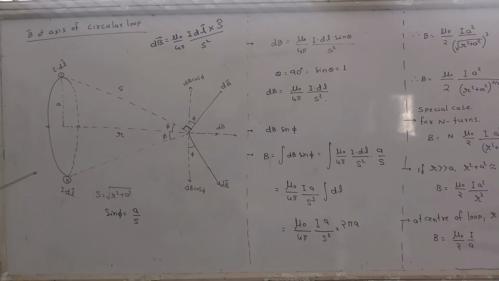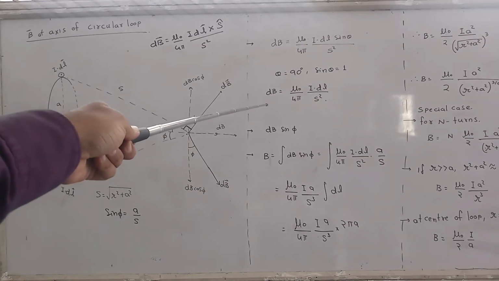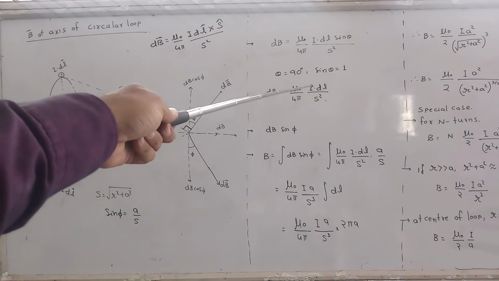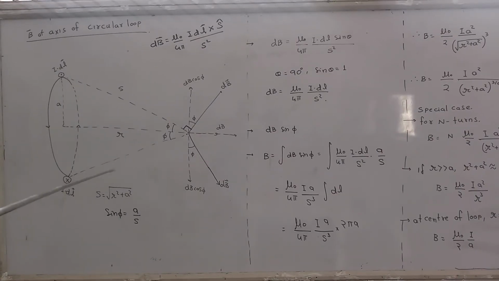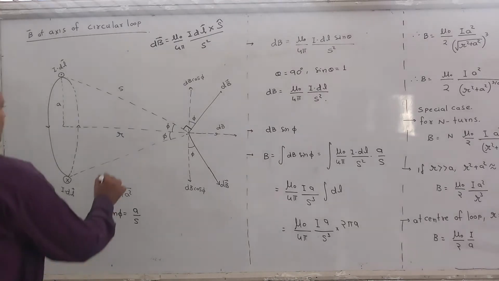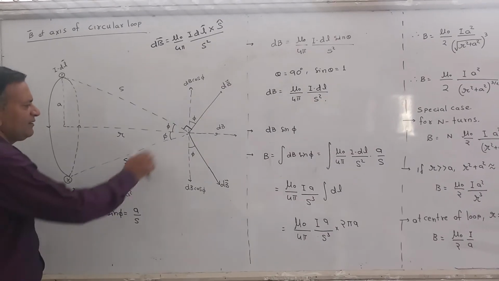Again, coming to the bottom current element, due to this, what will be the magnetic field? The magnetic field magnitude will again be the same, mu 0 by 4 pi, I dl by S square. But the direction of magnetic field will be perpendicular to S. If this is S, then this one is also S. And again, there are two possible perpendicular directions.